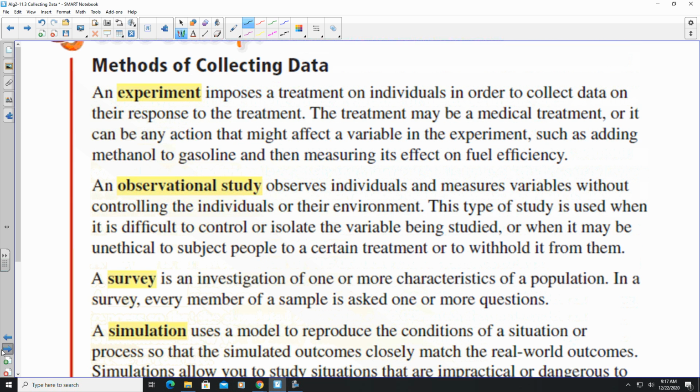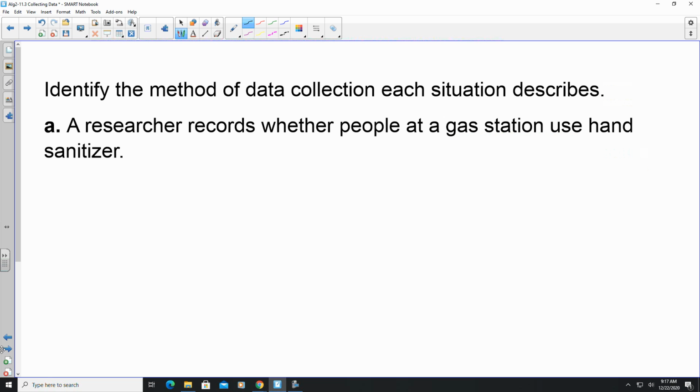So we're going to be given some examples where they want us to first identify the method of collecting the data for each situation and then describe it. Here it says a researcher records whether people at a gas station use hand sanitizers.